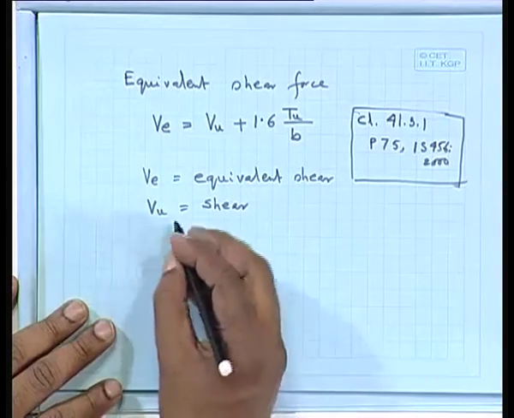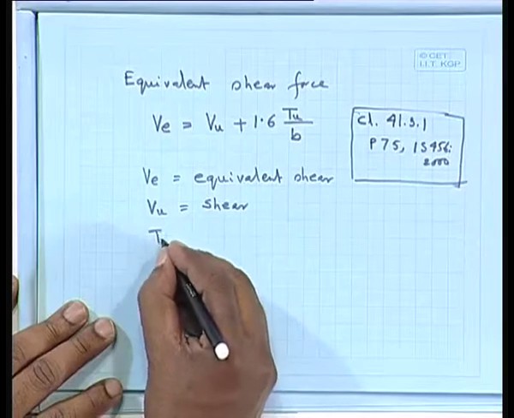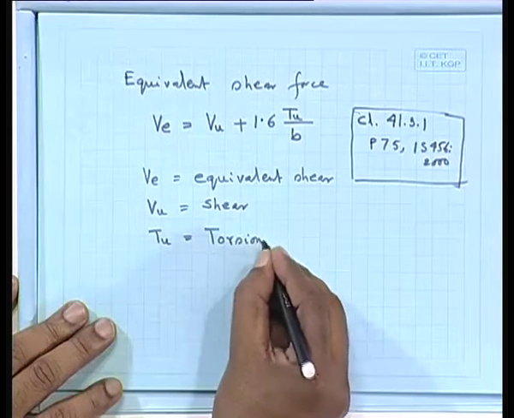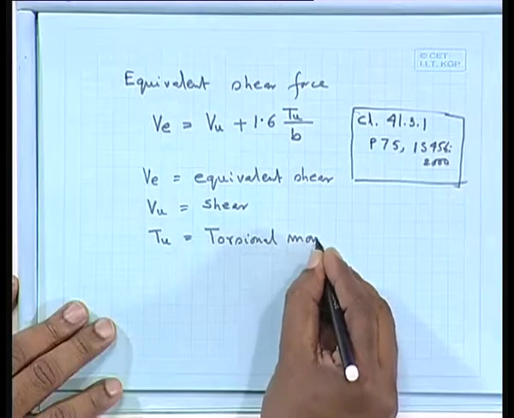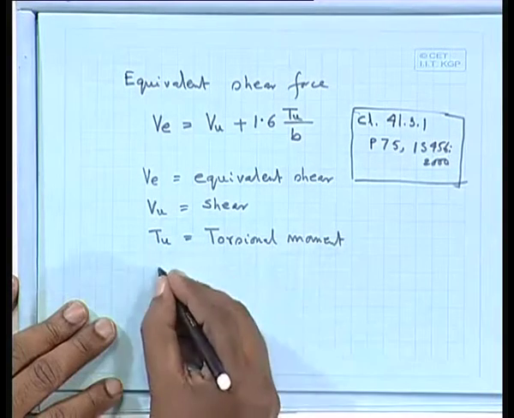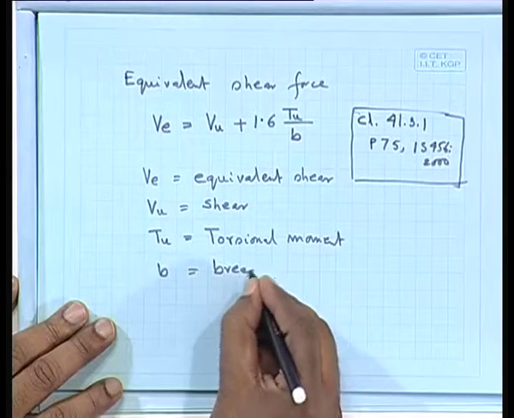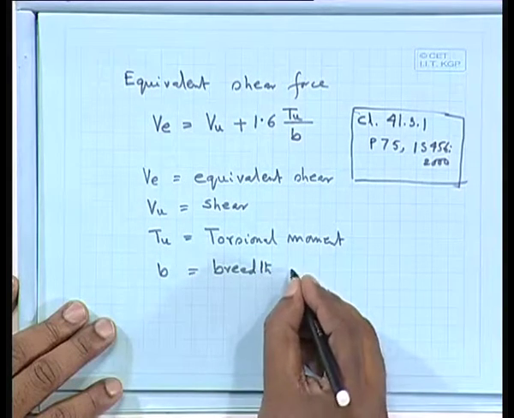TU is the torsional moment, and B is the breadth of the beam.